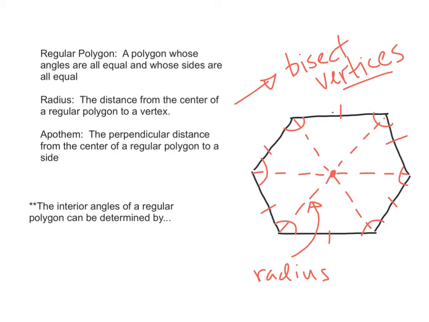Okay, this next word you might not have heard before. I've heard it said a couple different ways. I'll be honest, I don't know exactly the way it's supposed to be said. I call it an apothem, but I've heard people call it an apothem as well. And an apothem is the perpendicular distance from the center of a regular polygon to a side. So I'll draw this blue. So this goes from the center again, but this time it goes to a side, and it creates a right angle like that. Okay, and obviously every side has one. If I drew it, I could go all the way through and draw them.